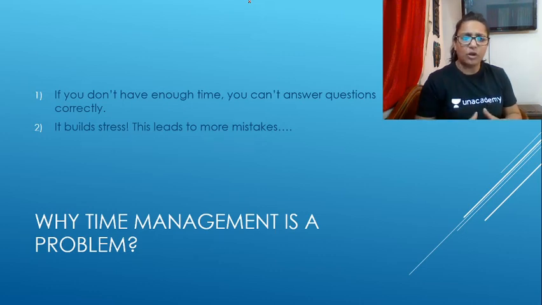Today I have not shared the weightage of the raw marks with the band score, but if you watch my other classes on Unacademy, you will be able to see the raw marks as compared to the band score that you will get. So it's really important that you try and get as many answers correct as possible within the stipulated time, which is 1 hour, where you have to read, understand, and write the answer and then transfer it onto the answer sheet.